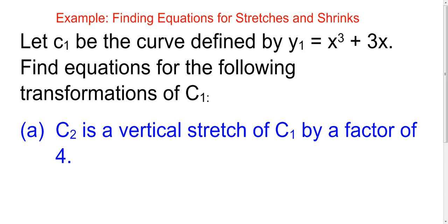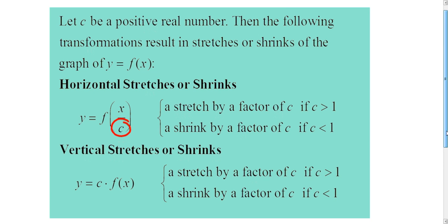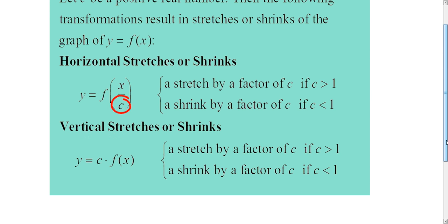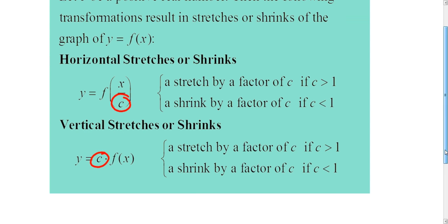All right. I'm going to use this function right here, which is x cubed plus 3x. In part A, I want to do a vertical stretch of that function by a factor of 4. When you do vertical stretches or shrinks, you just take whatever you're stretching or shrinking it by and multiply it by the entire function.